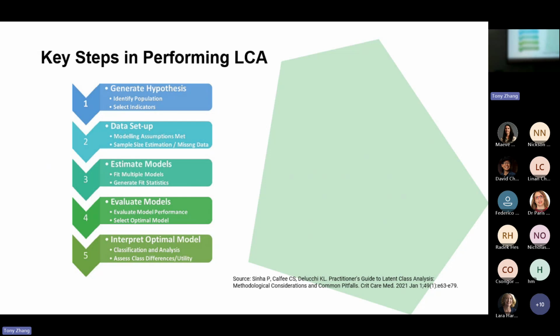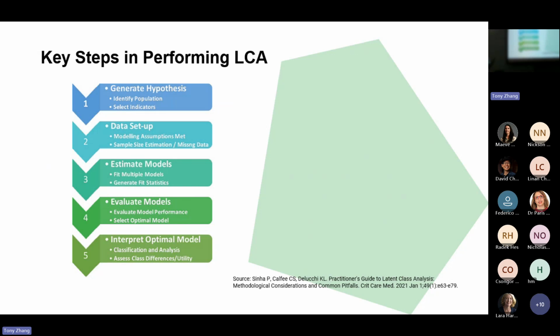Now I want to go through the key steps in LCA, and I think these steps are very important. In step one, once you have the data and the study population, you need to carefully choose your indicator variables.